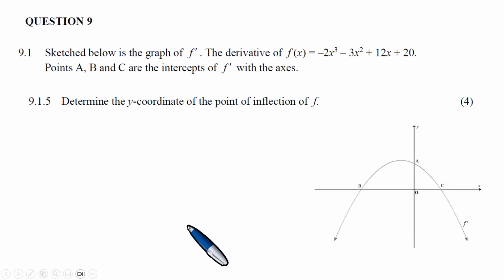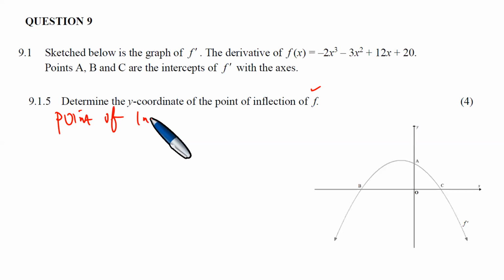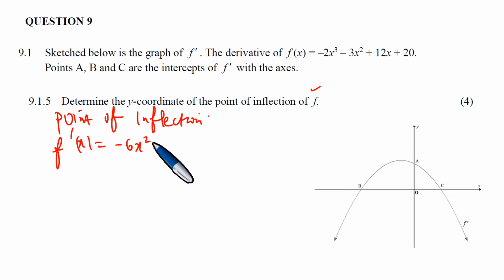9.1.5, what is the point of inflection? The point of inflection will be found from the derivative of this. Determine the y coordinate of the point of inflection of f. Which means that you're going to find f prime, which is -6x squared minus 6x plus 12.